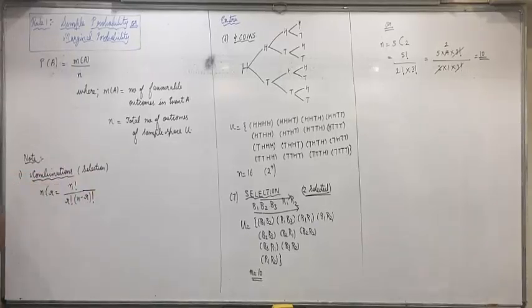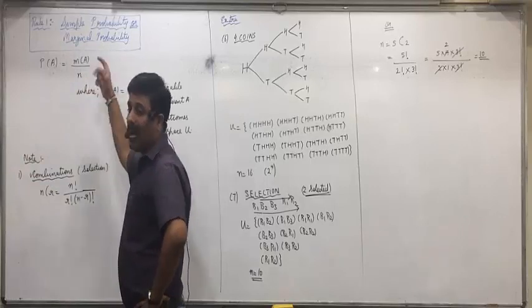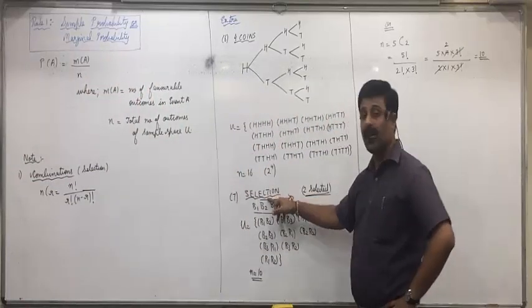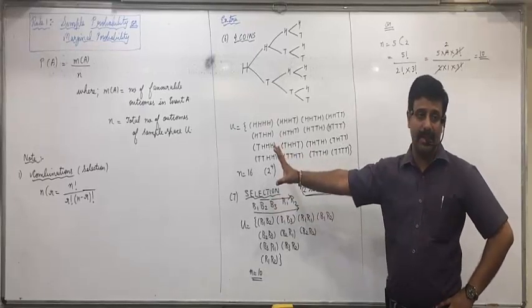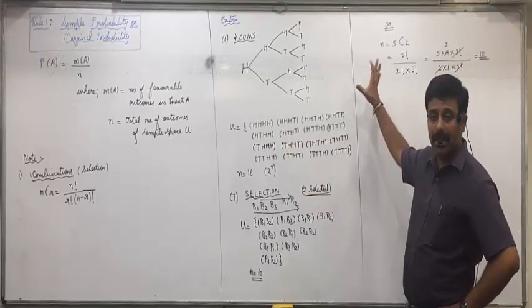Now in the notes we'll mention when to adopt which approach. Whenever you have questions of dice, coins, children and numbers, we'll always find the values of n and m by making the sample space and events. And whenever you have a question of selection, we will not make the sample space and events. We will find the values of m and n directly by the formula of nCr.